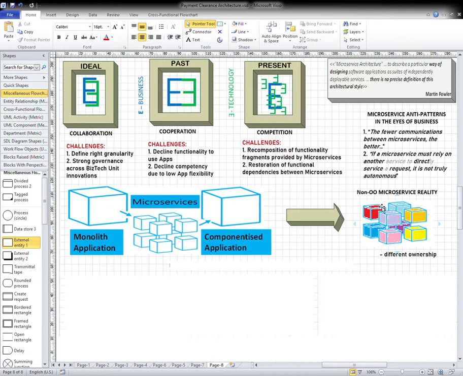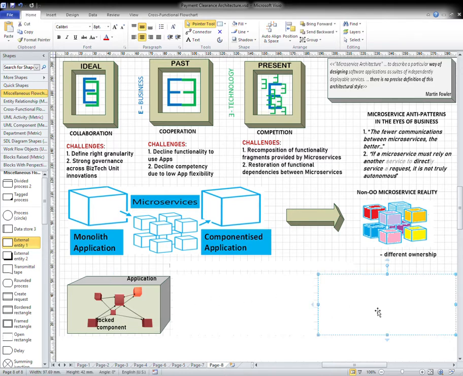Therefore, if we use microservices, we have to deal with distributed transactions across ownership boundaries, which are quite different from monolith transactions within monolith applications, as well as from the operations of autonomous microservices.